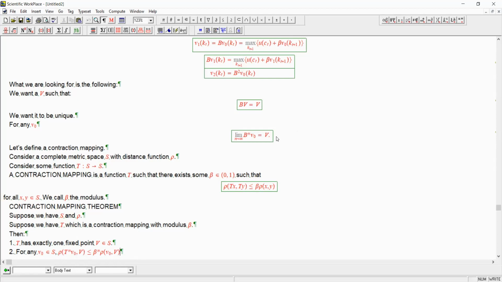How does that help us? Well, it means that we're going to get our meaningful value function if we can show that the Bellman operator B is a contraction mapping.